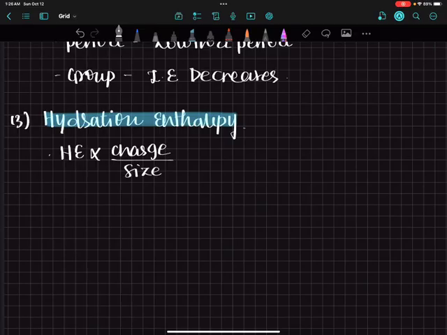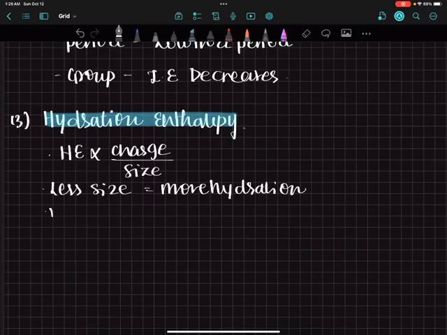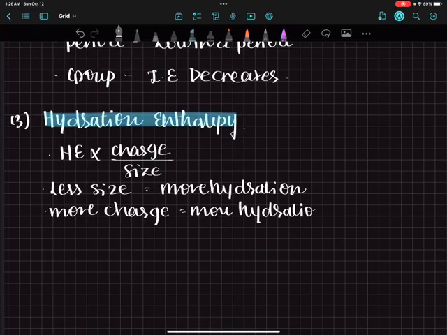Less size means more hydration, and more charge also means more hydration. This is an important relation.